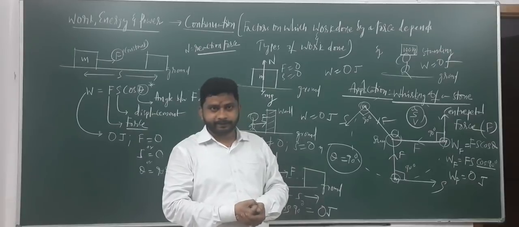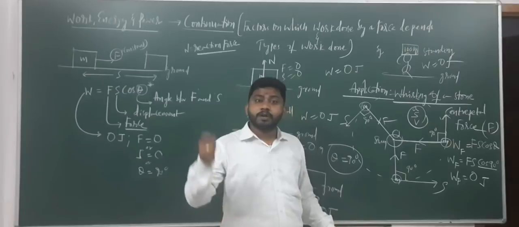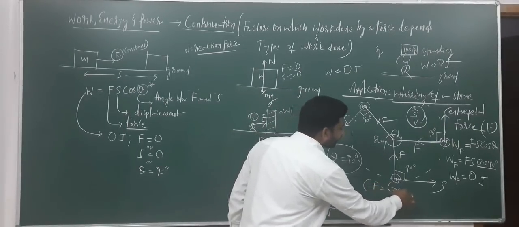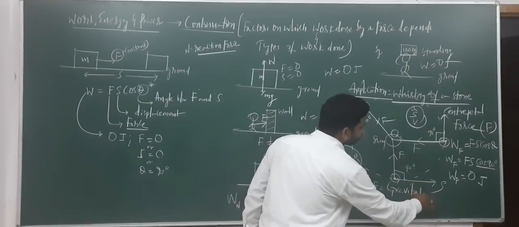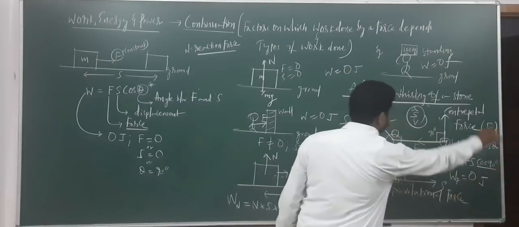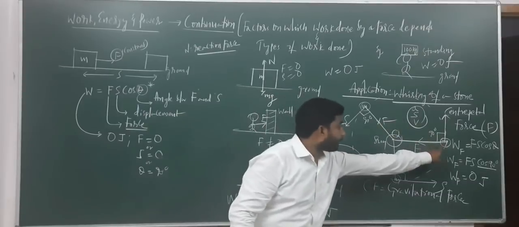What happens in this case? Same situation. Work done by the centripetal force will be 0, but here the centripetal force is equal to the gravitational force between them. Remember, the gravitational force between them. The centripetal force is equal to what? The gravitational force between the planet and the sun.